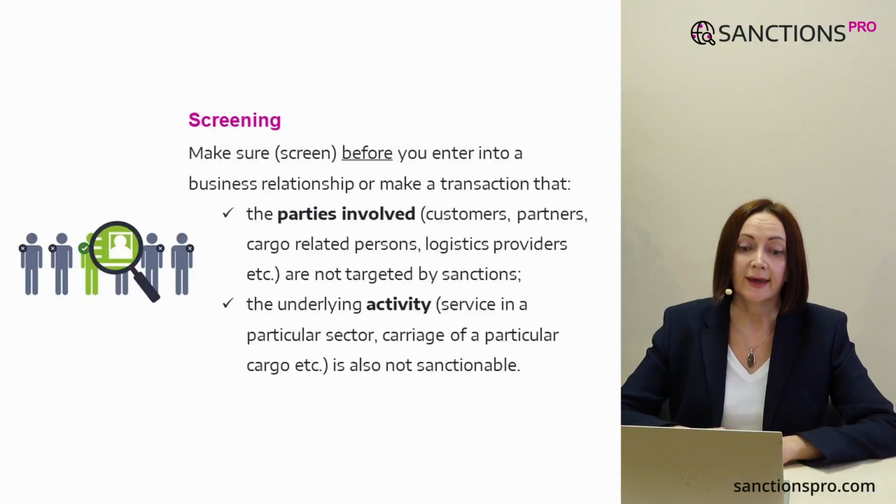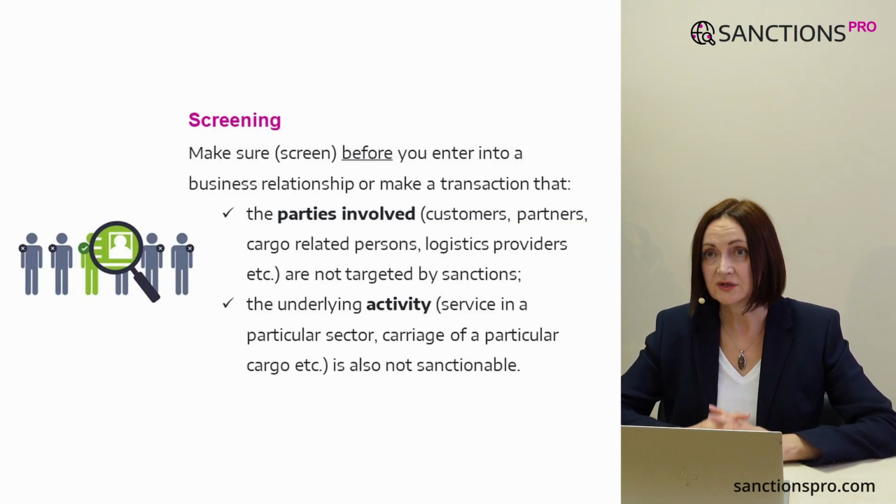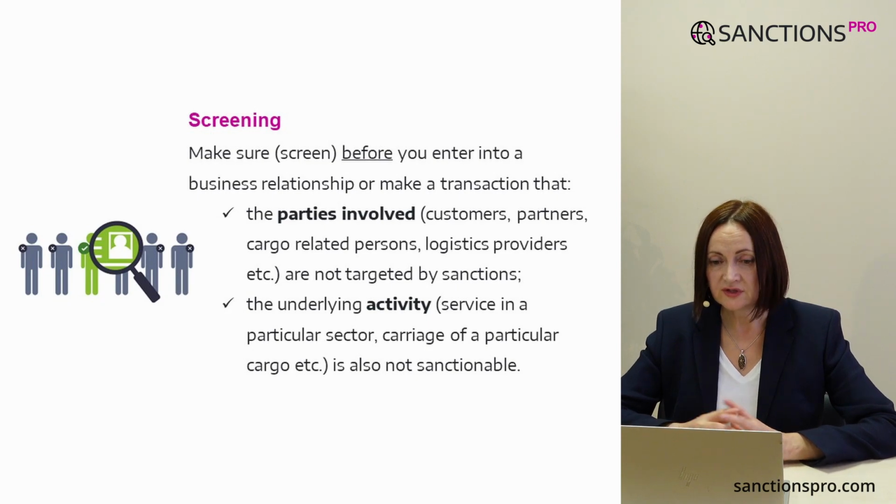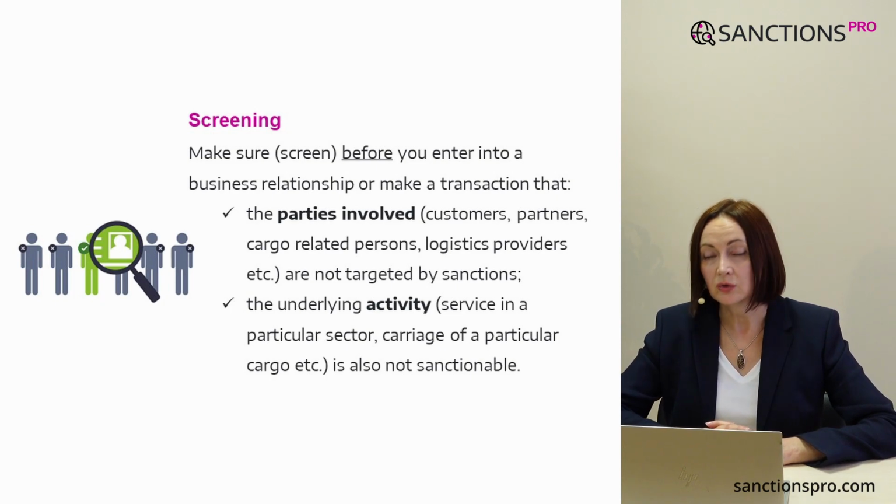Once again, it's an expectation by lawmakers and authorities that businesses will take actions to ensure that they are not conducting any business with a sanctioned person. Therefore, before you provide any kind of service, before you start any business relationship, you have to make sure that your client or related persons are not targeted by sanctions.